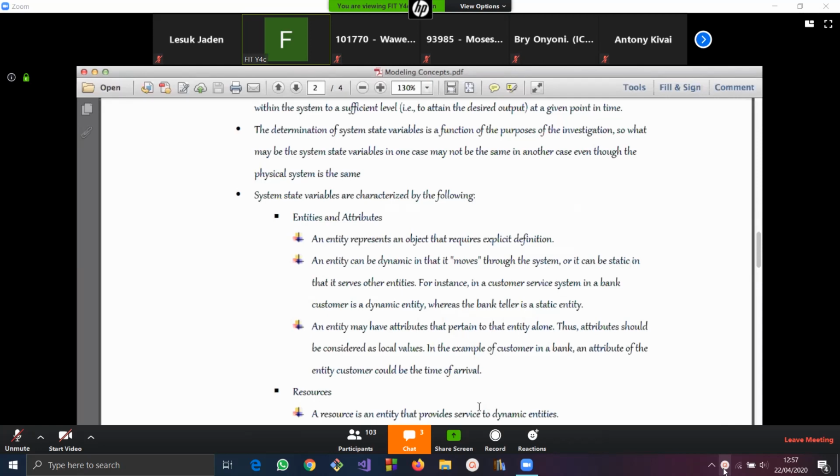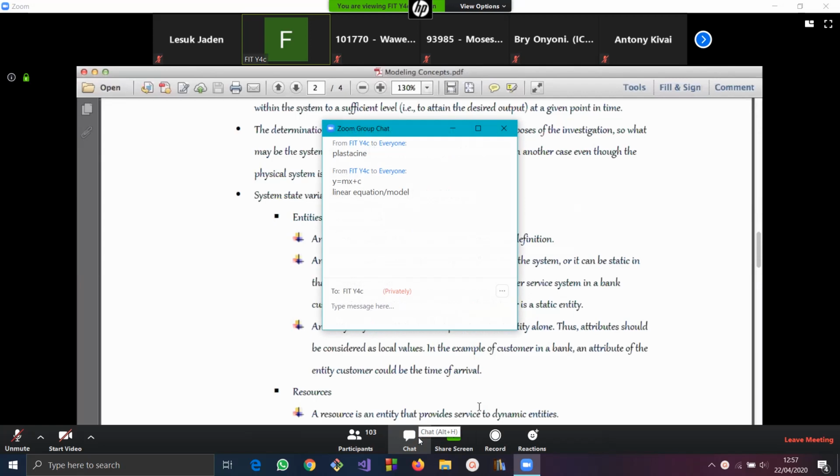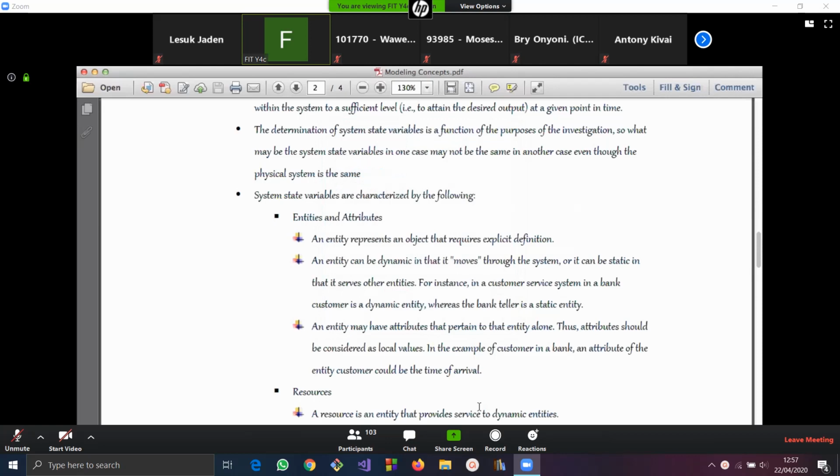When you look at these entities, we can associate something with them. They can be both static or dynamic. Being dynamic means there is the element of change, and this change is a change of state.